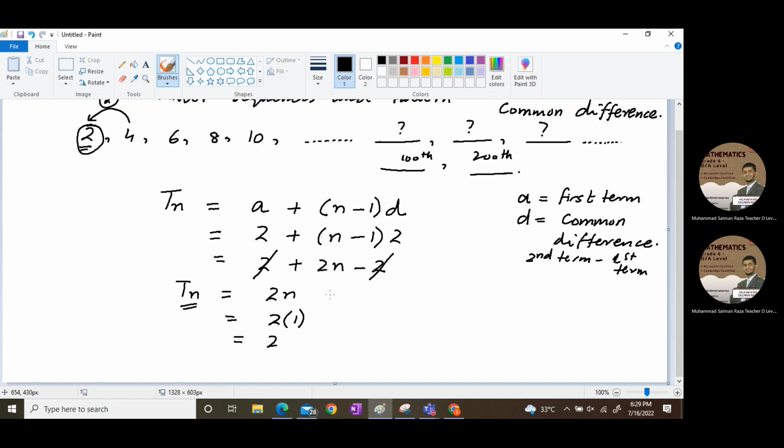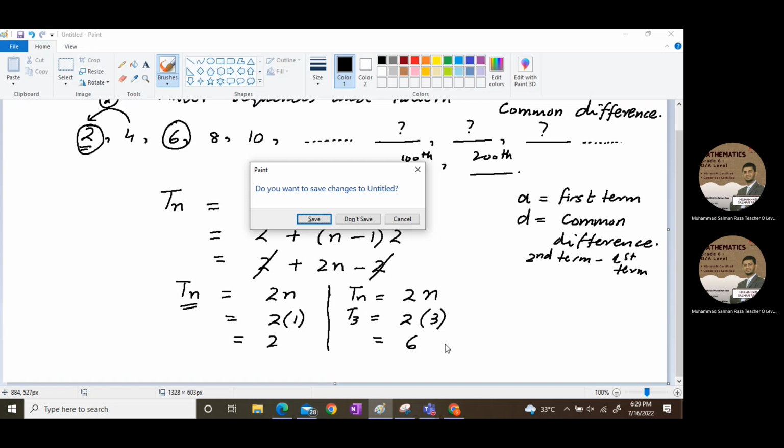So if I try finding out what is my third number, in place of n, I'm going to write 3 over here, and this is going to be 6. So you can see this is my third number coming. So it means the formula is working like this. Hope you understood it.